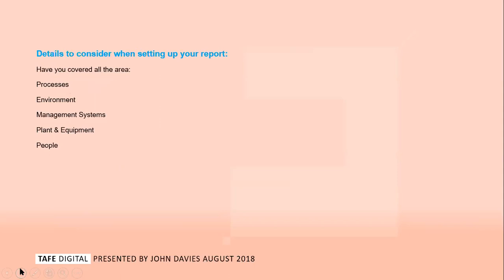Details to consider when setting out your report. Here's where the hard work from Assessment 1 pays off. Identify and comment on your organisation's policies, procedures, and legal requirements in the management of WHS, and a flowchart or investigation plan.